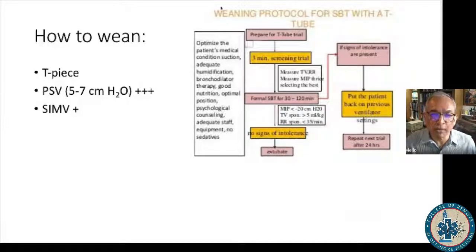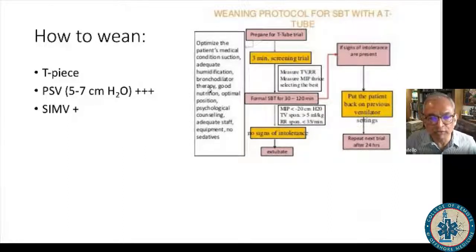So in order to wean successfully, the patient must be optimized, suctioning must be completed, adequate humidification so that the air that the patient's being ventilated on contains no humidity, so drying of the secretions of the respiratory tract must be avoided. Consider use of bronchodilator therapy, good nutrition. I can't put emphasis on any patient.